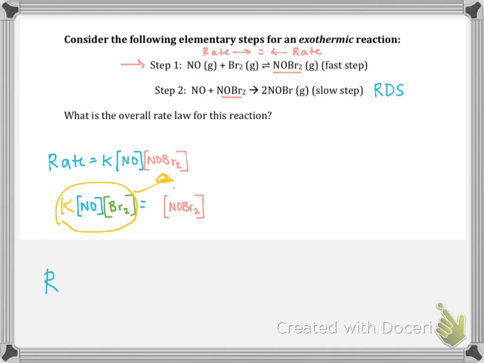And so now we'll have rate is equal to some even newer k, because we keep changing our k with every step. k times NO times NO times Br2, which is equal to k, and we usually call this k observed, because it's what we see IRL, NO squared Br2.